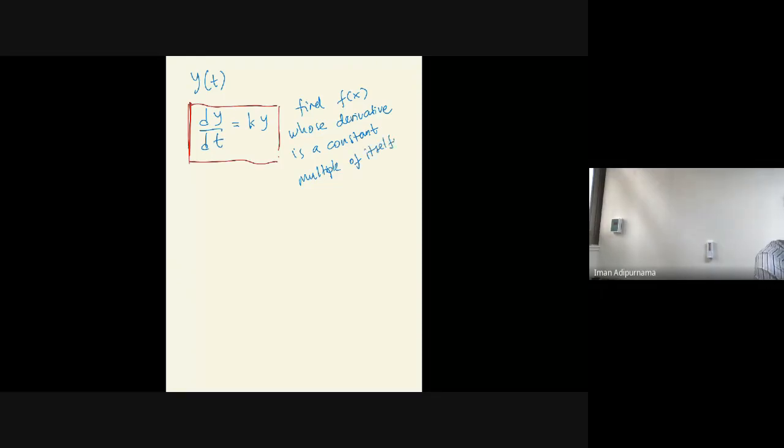So from this expression, it's asking us if we have y, and we derive that y into dy/dt, but in this dy/dt we have another y, so the y is still inside, and it's just having any constant multiplying that y. What kind of function is that?